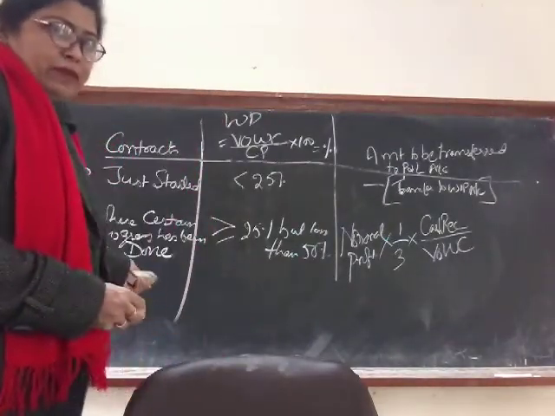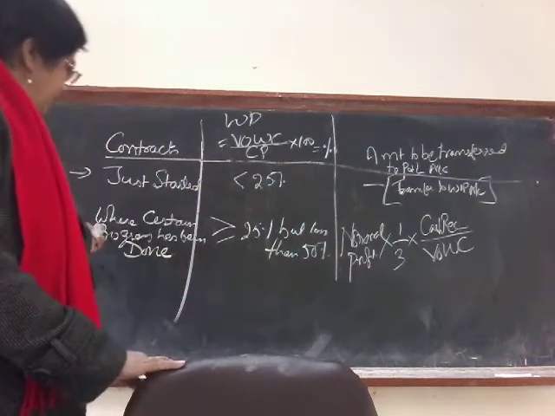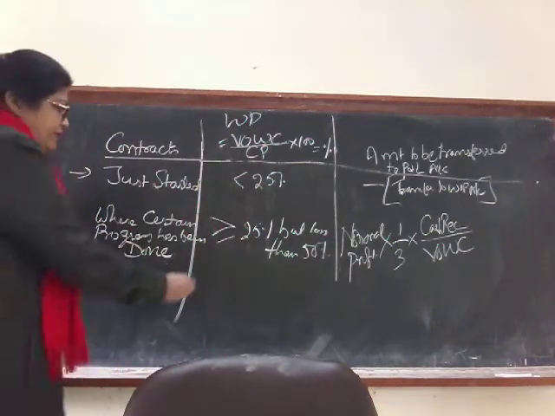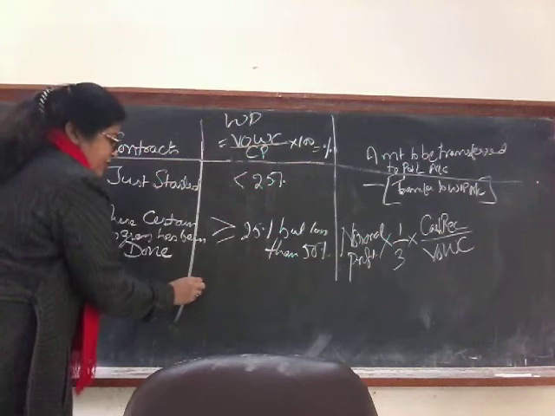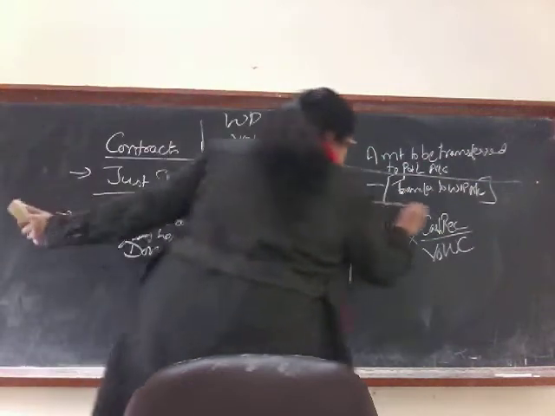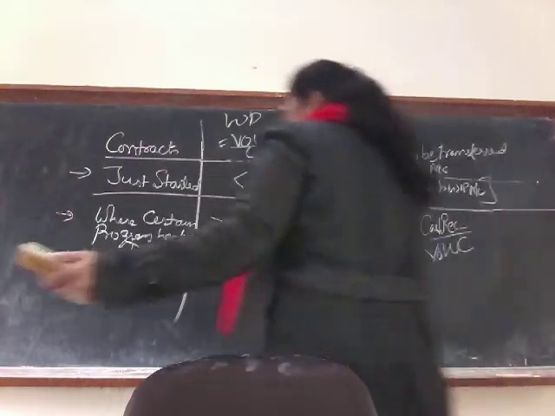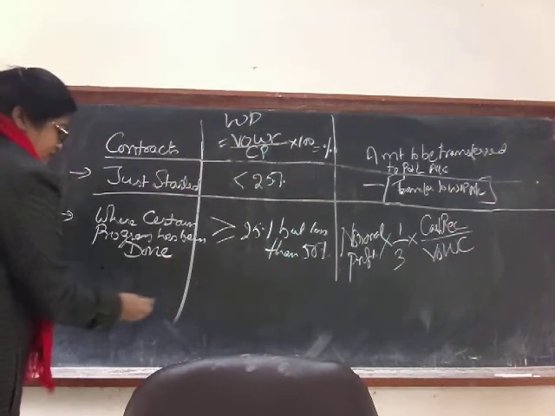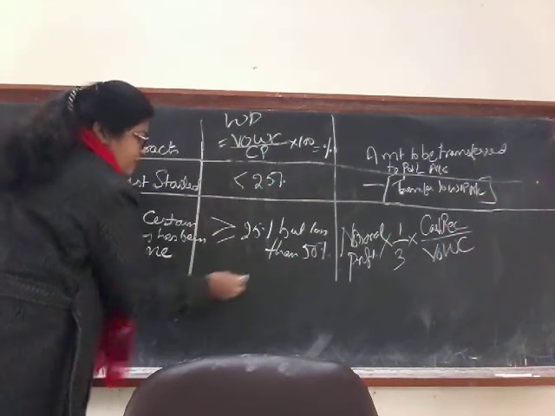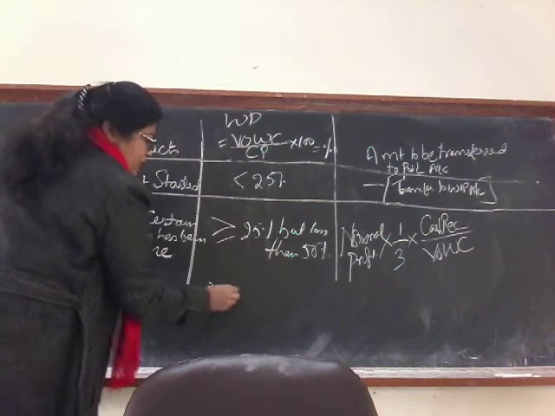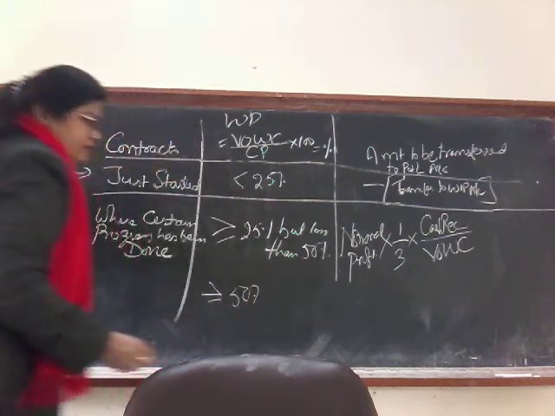Now in the next case where certain progress has been made, this is the first case, and the second case is, in order to make a diagram you can put it over, this chart can be added. So the second case is, this is less than 50, so equal to or more than 50%.